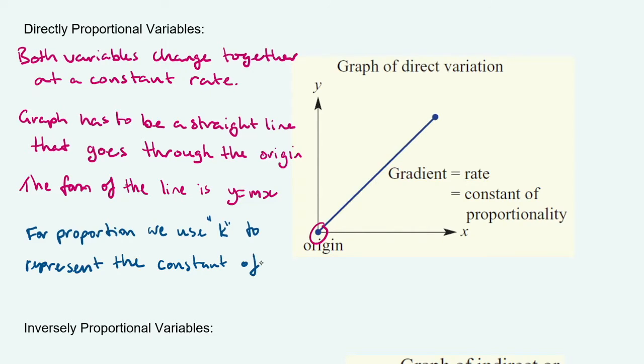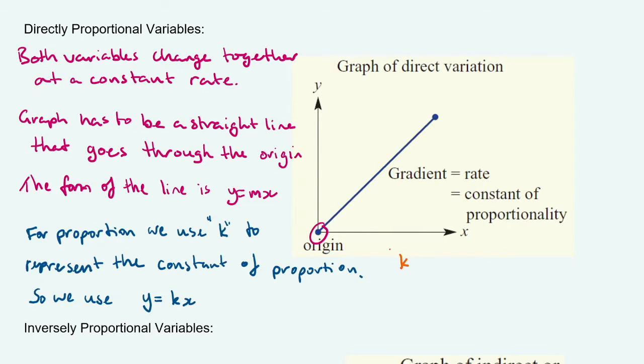And this will come up again and again. So for this proportion, we're going to use that letter K. So now the form is going to be y equals kx instead. So that K is the constant of proportion or variation. It's also the gradient or the rate of change.